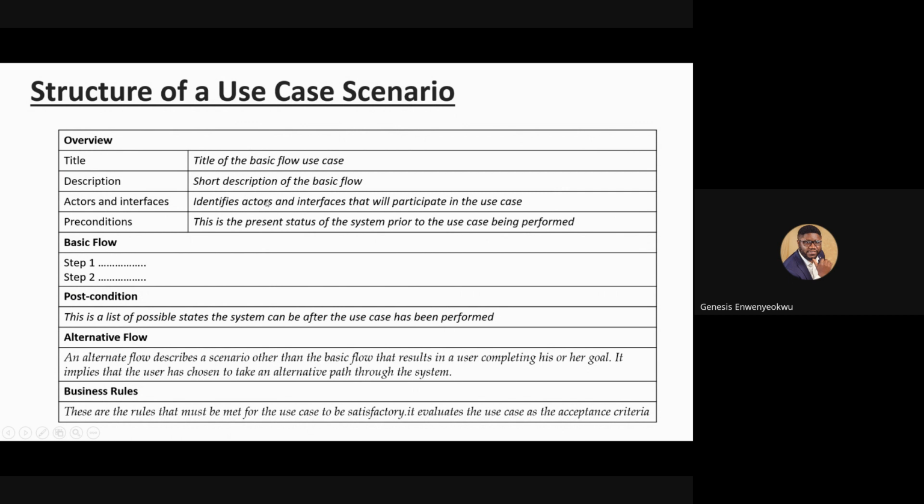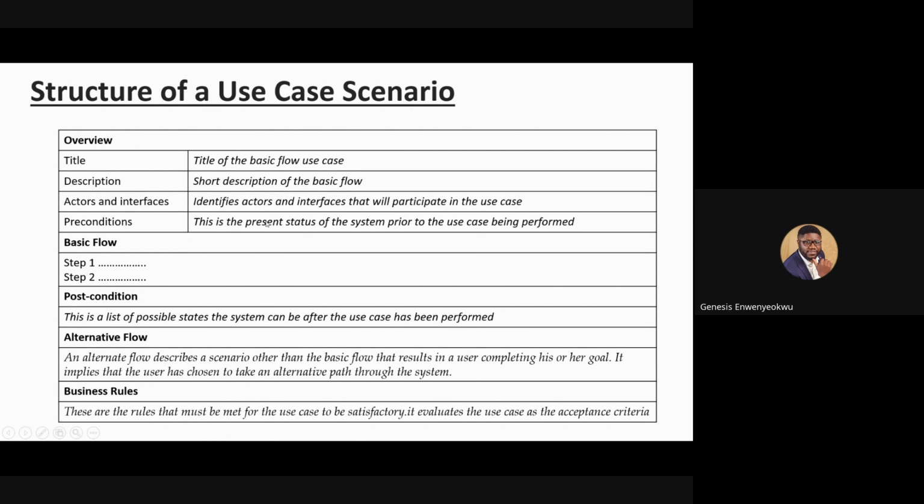You list out the actors, maybe a student or a customer or teacher or professor or merchant, or patient or doctor or nurse or pharmacist. If there are other external interfaces that this use case would affect or impact, you also list out the interface.